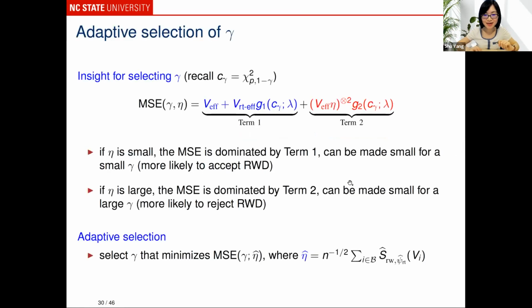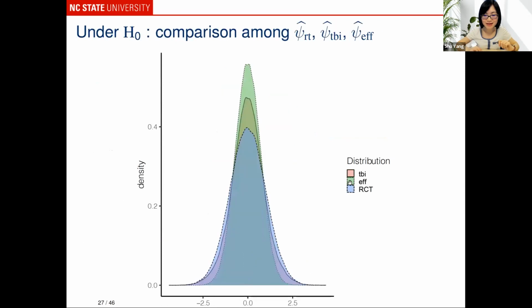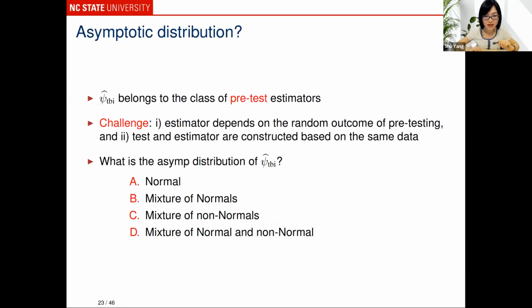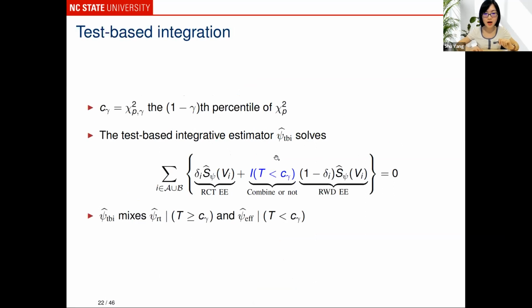I got asked about this question a lot. So we consider a 0 and 1 decision, whether or not we combine the RWD in our estimating equation here, but we can smooth this function. This is basically an indicator function, right? We can replace this by some reasonable smooth approximation function. This is doable. I think it can improve this TBI estimator.